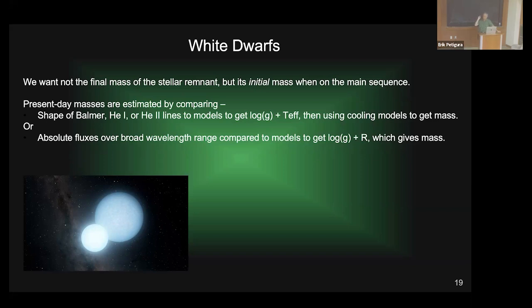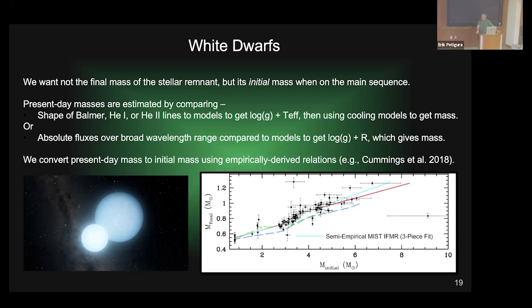Or if we have something like a DC white dwarf that doesn't have hydrogen and helium lines, or we just have broad wavelength photometry, we can compare that photometry to the models to get surface gravity and radius, and the mass falls out directly from that. Again, that's the current day mass of the white dwarf, which is not what we want. But folks in the white dwarf field have been working for many, many years on building these initial to final mass relations using largely white dwarfs in clusters of known age.